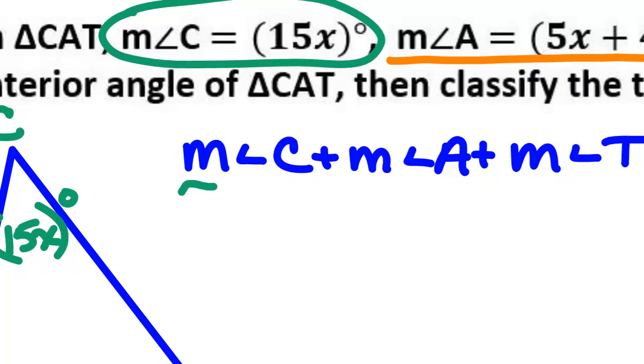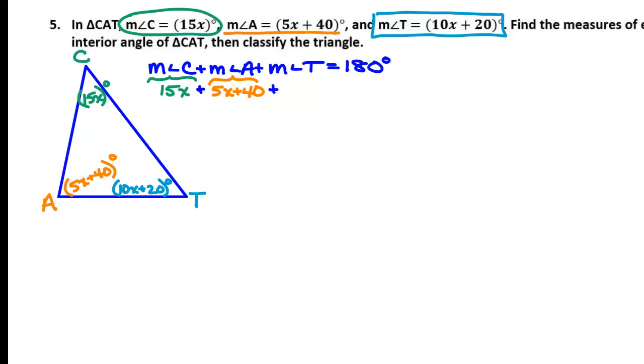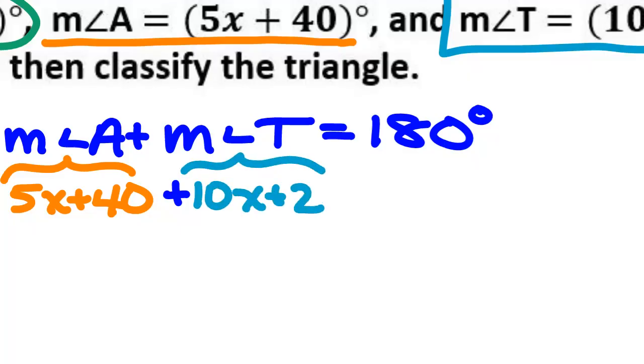So then we can substitute in the place of angle C, we're going to put 15x. In the place of angle A, we're going to put 5x plus 40. And in the place of angle T, we're going to put 10x plus 20. Set that equal to 180.